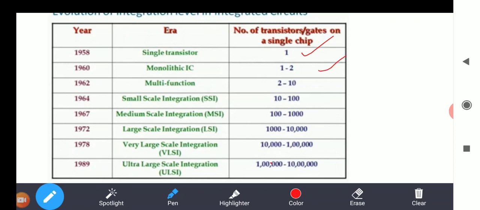When years increased, technology increased. Here the number of transistors is 100 to 10,000. VLSI, 10,000 to 1 lakh transistors. Here ultra large scale integration, more than 1 lakh transistors. These are all the evolution of the IC.